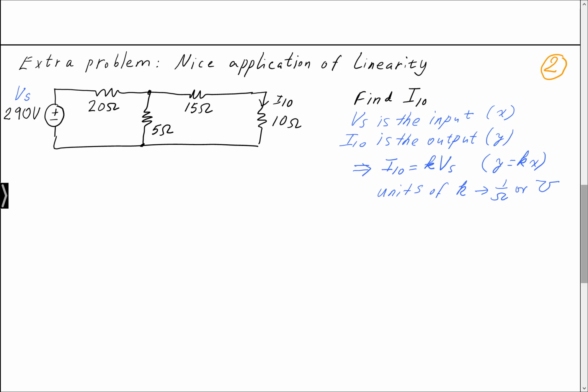So in this relationship, if you know two of the variables among I10, Vs, and K, you could figure out the third one.